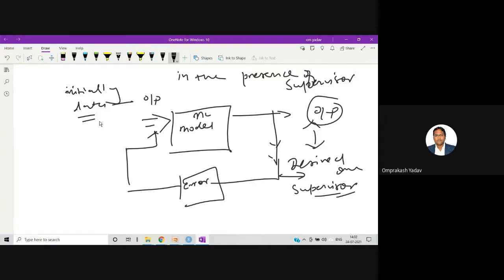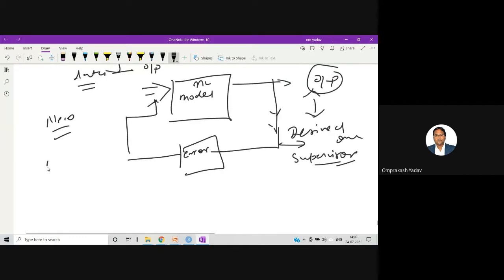Then we do the training, and once our machine is trained, whenever new data comes, it will try to classify that data into the group which is already formed, the classification which we have made. So this kind of supervised learning is used for classification purposes. But remember, in this, the input and output are known. You should have both input and output in the data, and only then can we train the machine.